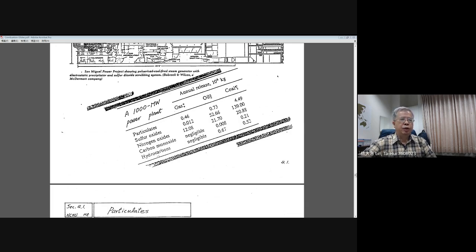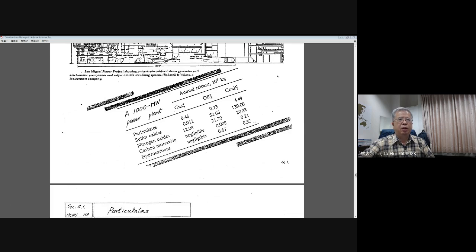Therefore, you need to do some combustion adjustments. Then you can see that for burning natural gas, oil, and coal, the emissions of carbon monoxide and unburned hydrocarbons are very small, but still they have a certain amount, right?